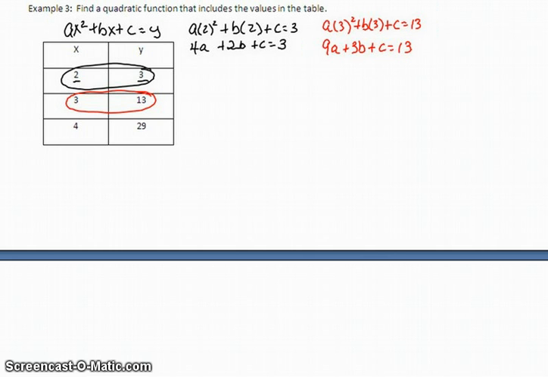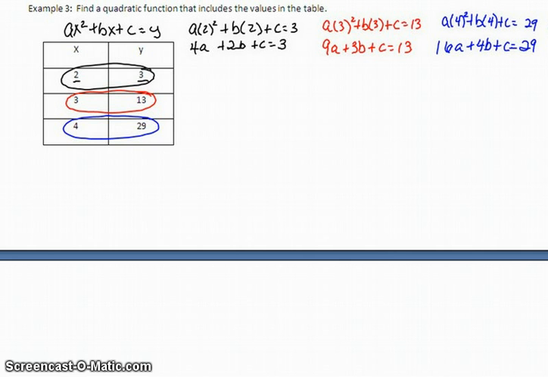And lastly, we'll do our third ordered pair of 4 and 29. Substituting in, I'll have a times 4 squared plus b times 4 plus c equals 29. Simplifying, 16a plus 4b plus c equals 29.